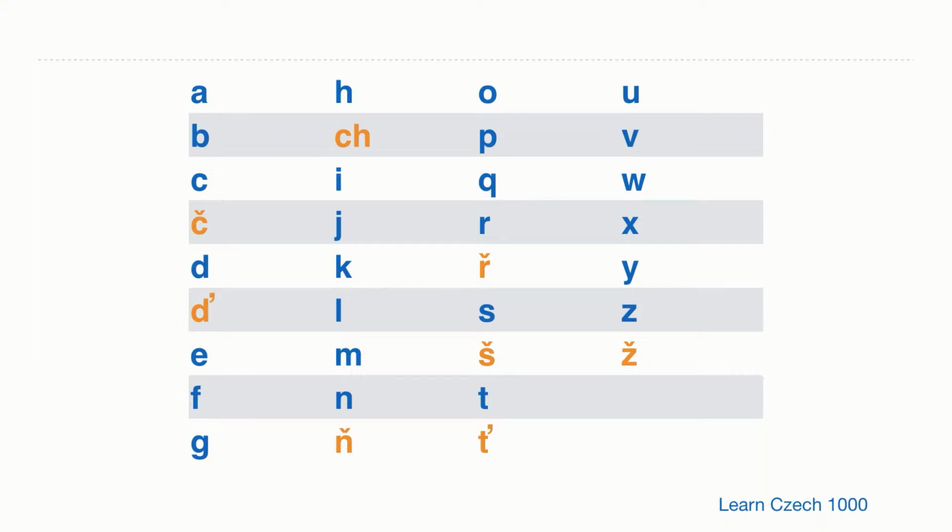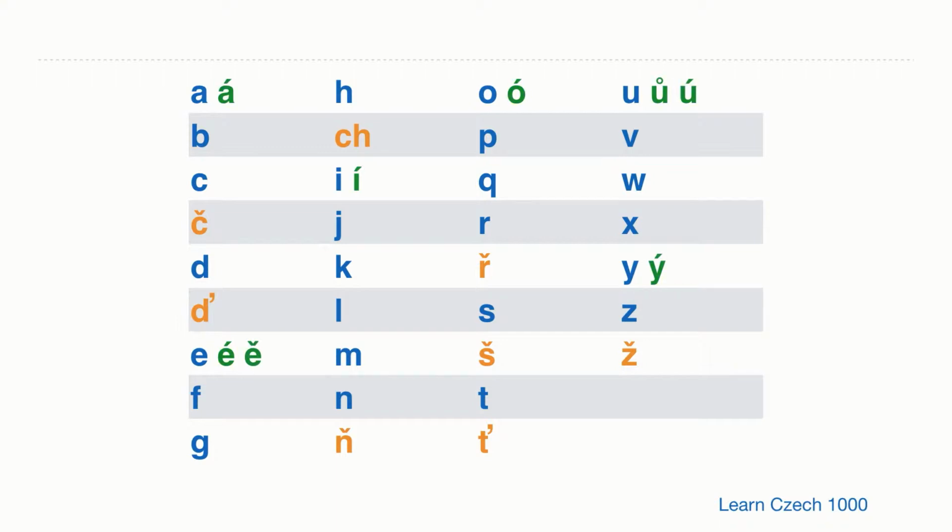We read the letters of the Czech alphabet like this: A, B, C, Č, D, Ď, E, F, G, H, Ch, I, J, K, L, M, N, Ň, O, P, Q, R, Ř, S, Š, T, Ť, U, V, dvojité V, X, Y, Z, Ž.